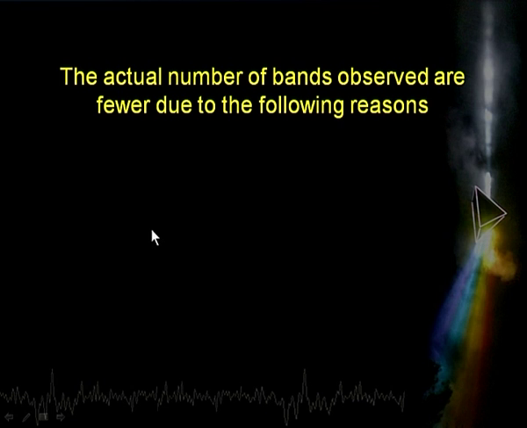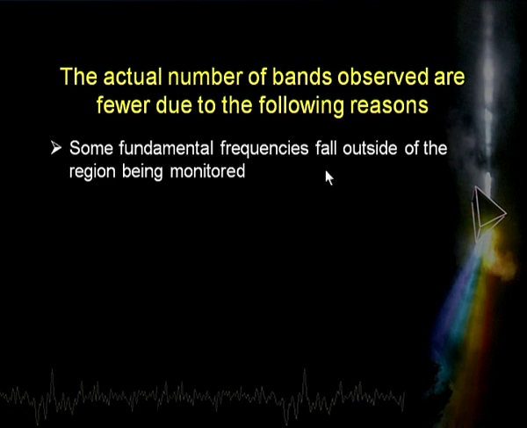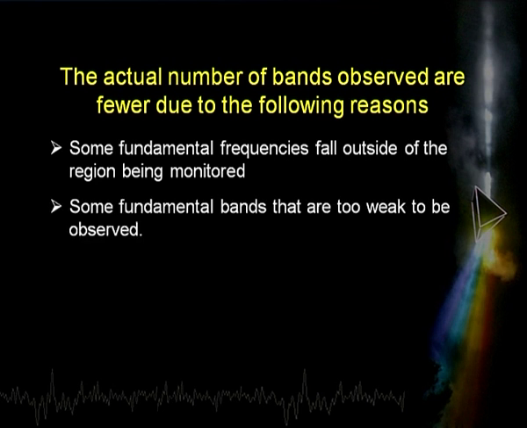The reasons are that some fundamental frequencies fall outside of the region being monitored, because what you are observing is from about 650 centimeter inverse to 4000 centimeter inverse. So we may have fundamental vibration frequencies outside the range, and we do not see them in the spectrum. That is one reason. The second possibility is that some of the fundamental bands may be too weak to be observed. They are there, but the intensity is so small that we can't even see them, they get merged with the background.